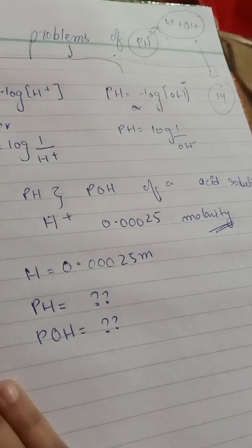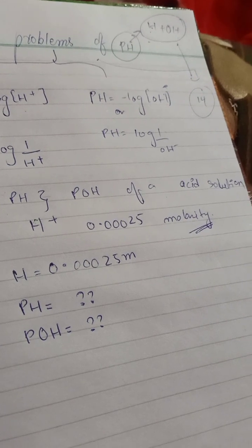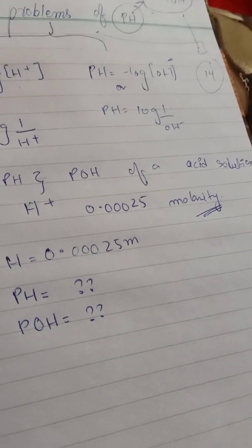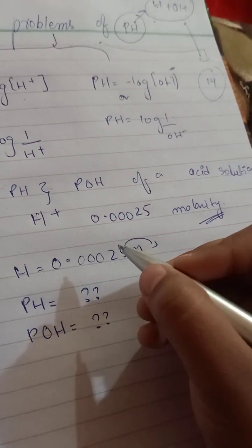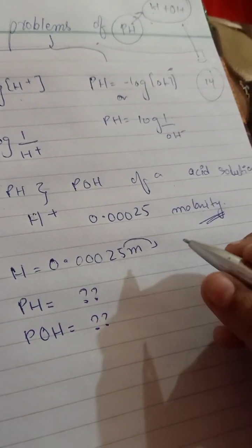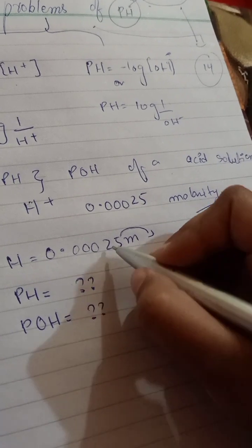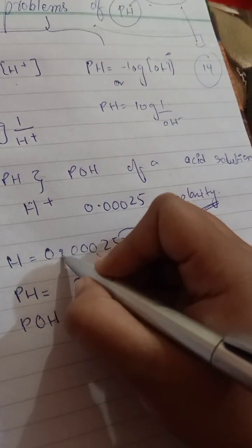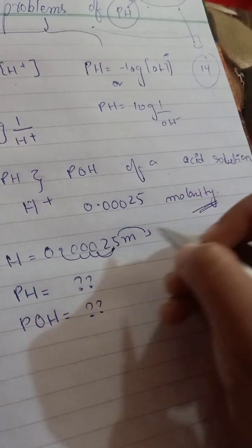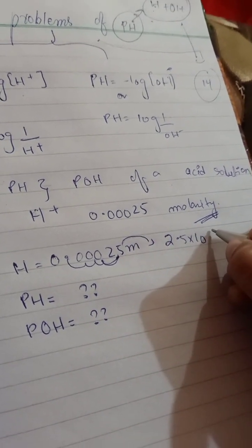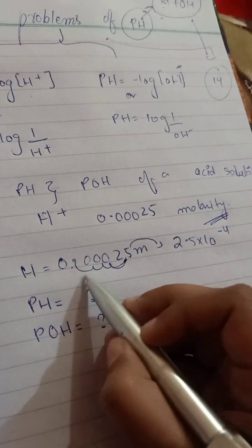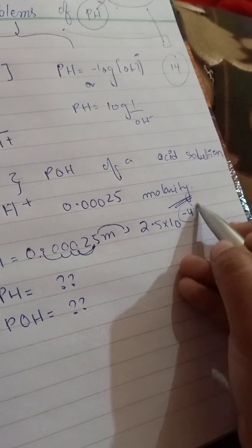Okay, first of all let's change this molarity into exponential form. So we can write here 1 2 3 4, 2.5 multiplied by 10 to the power minus 4, because the point is moving this way, that's why we are getting a negative exponent.